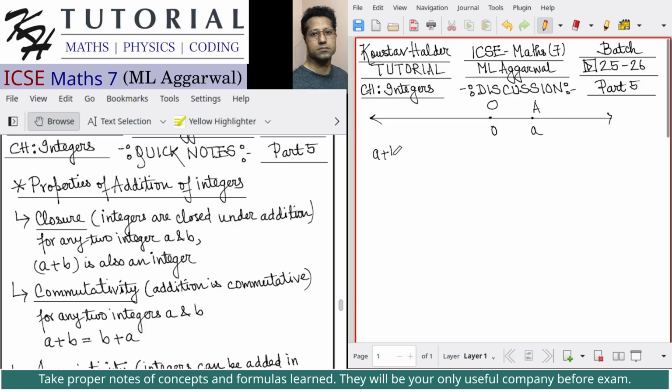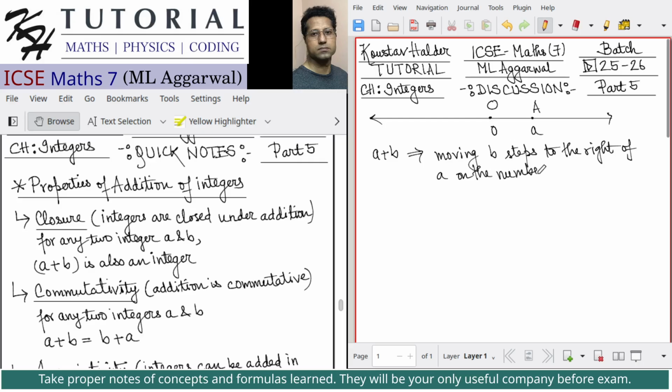A plus b implies moving b steps to the right of a on the number line.